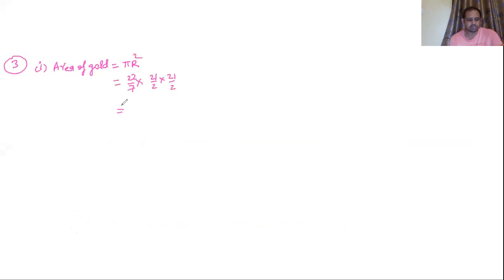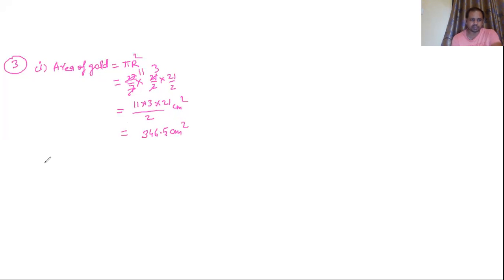If you simplify it, 7 1 is 7, 7 3 is 21, 2 11 is 22, then it equals 11 into 3 into 21 upon 2 centimeter square. And if you solve this one, you will get 346.5 centimeters square. Okay, this is the area of the gold part.